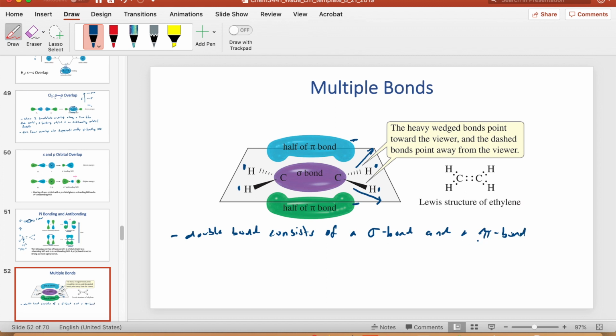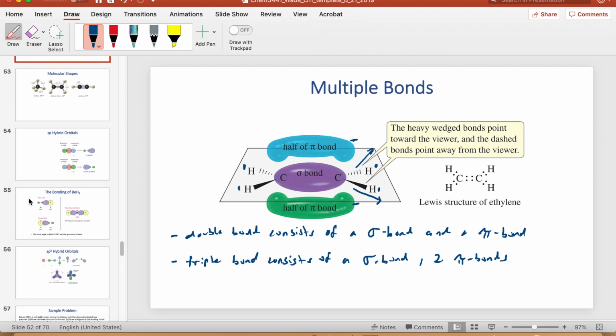Now, if we have a triple bond instead of a double bond, remember that a triple bond still has a sigma bond, but now we have two pi bonds. So it's important that you understand the shapes of these and what's happening here.